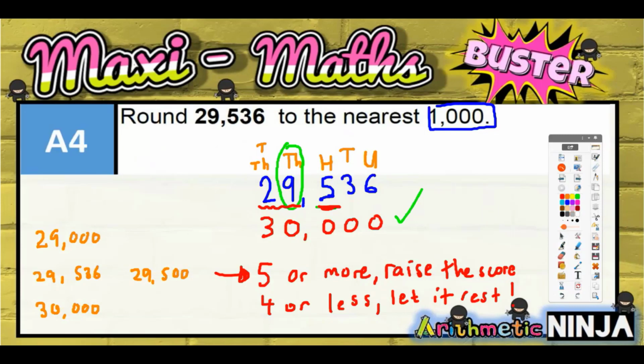Because 29,536 is bigger than 29,500, that means it's closer to 30,000. It's gone past halfway. Halfway would be 500. So because it's gone past 500, it's on its way to 30,000. And that's another reason why the correct answer to the nearest 1,000 is 30,000.